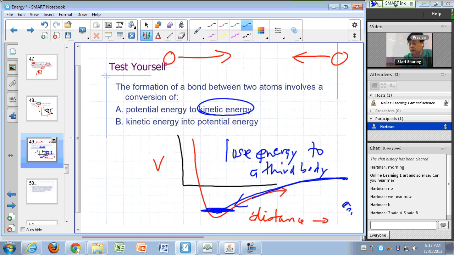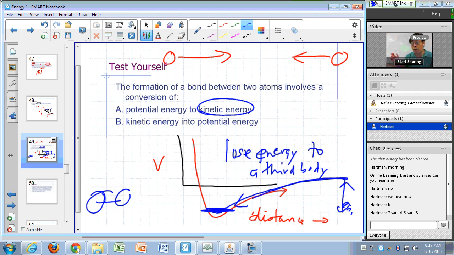So they're losing this much potential energy. It's being given away to a third body. In other words, if you have a collection of oxygen atoms, not just a pair, you can form O2 molecules because there's a lot of third bodies that can take away the energy from pairs of oxygen atoms.